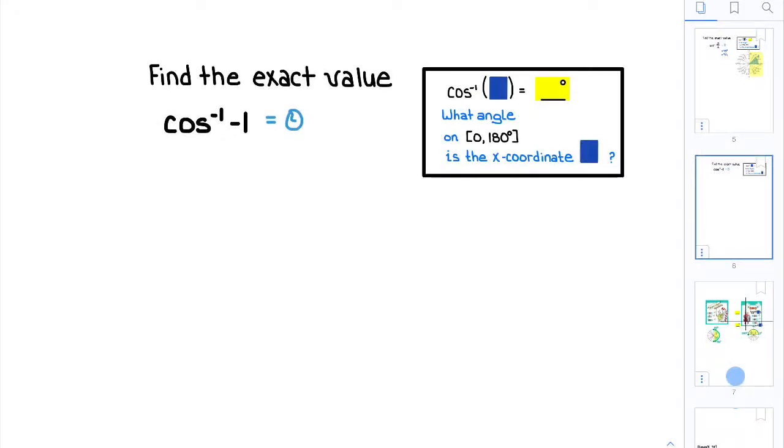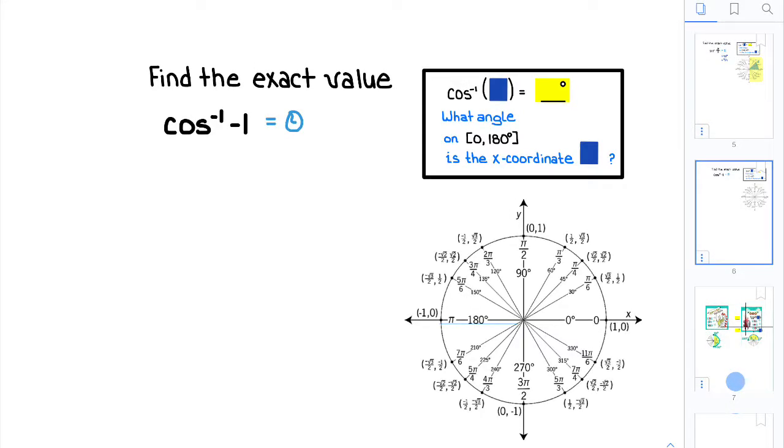Okay, then I ask myself the question, what angle on 0 to 180 degrees is the x-coordinate, in this case, negative 1? So I want to grab a unit circle and start looking for where on the unit circle there's an angle measure with x-coordinate negative 1.